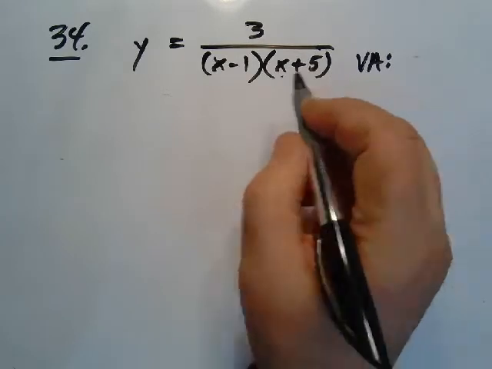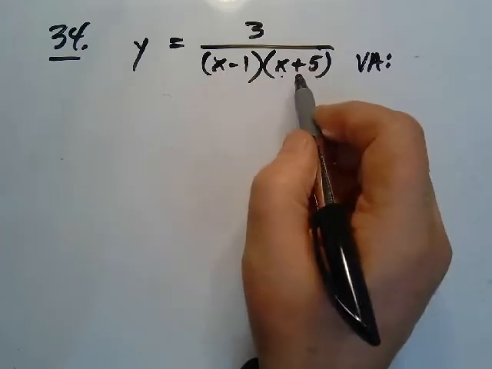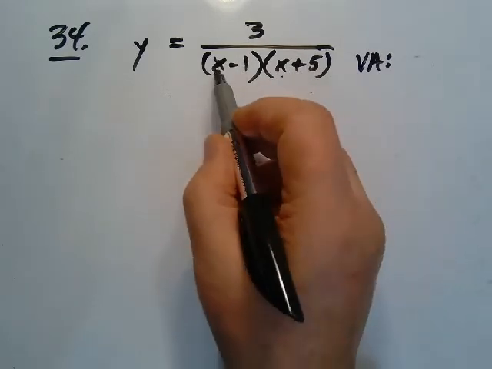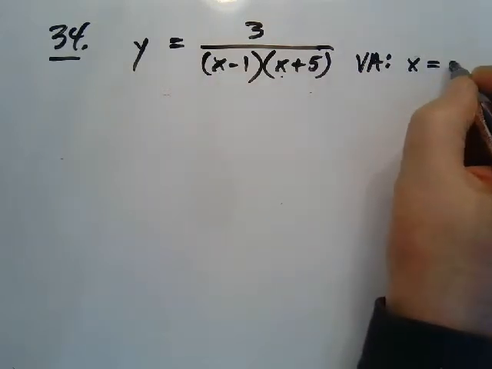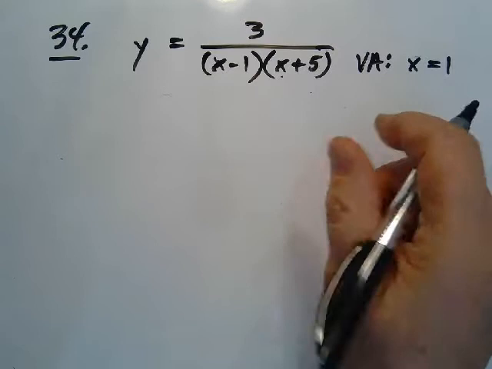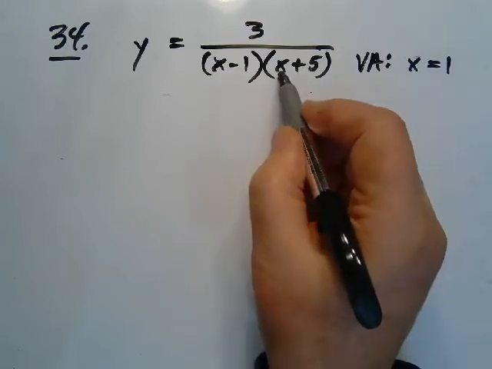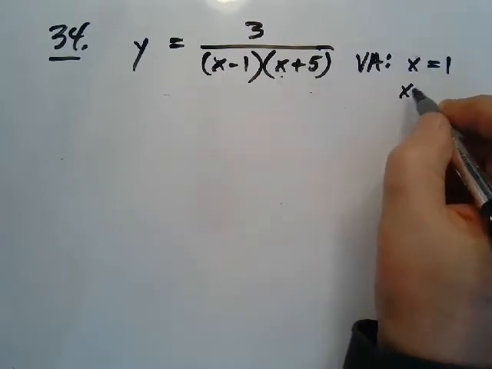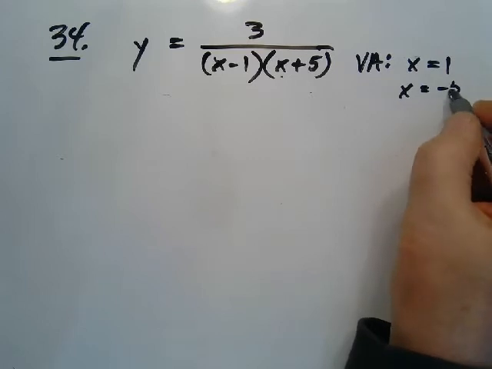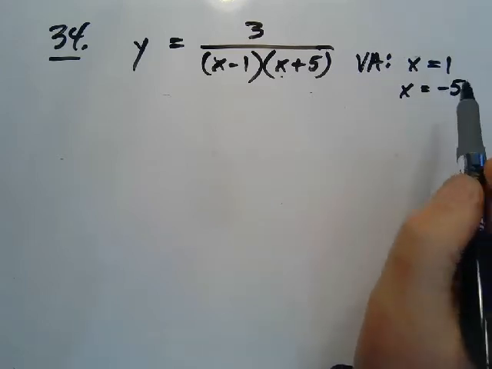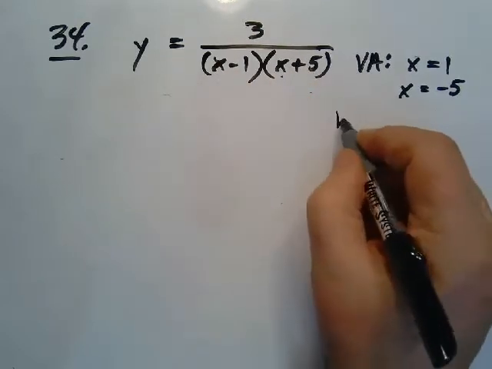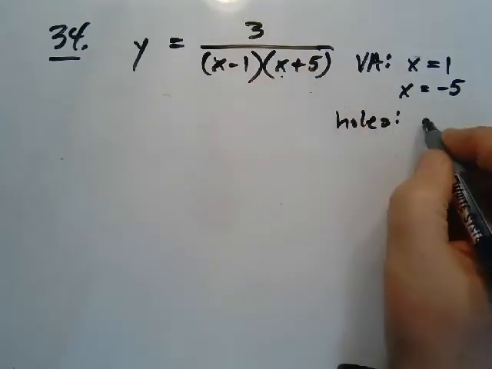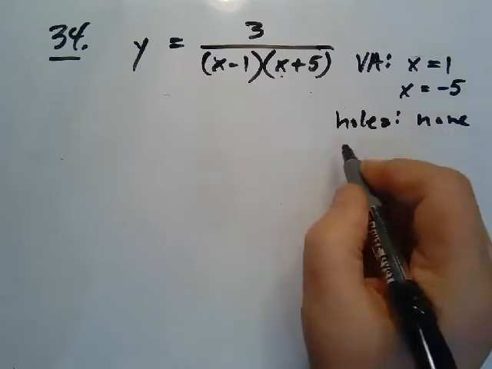But we can already tell easily. x cannot be equal to 1. So we're going to have a vertical asymptote at 1. And x cannot be -5. So we're going to have a vertical asymptote at -5. Now, we didn't cancel anything, so there are no holes. I'm going to write none there.